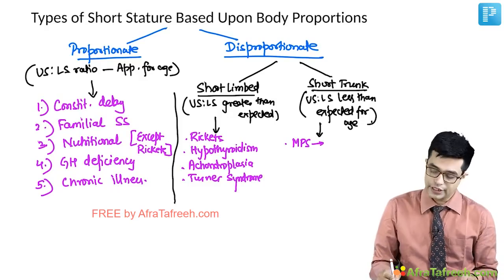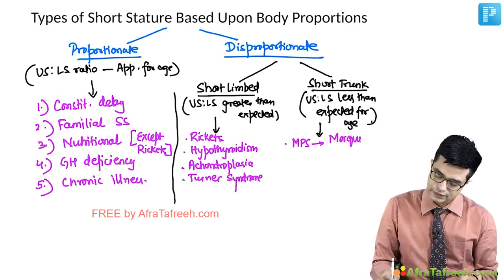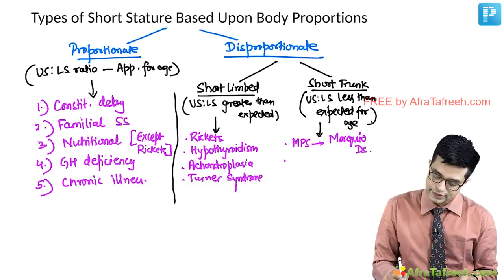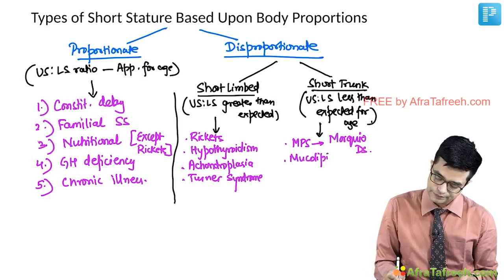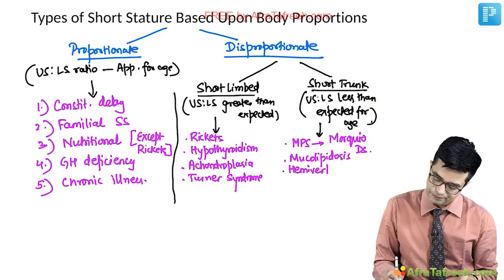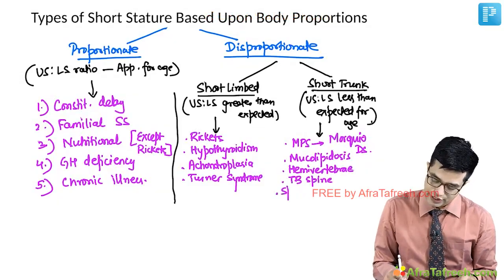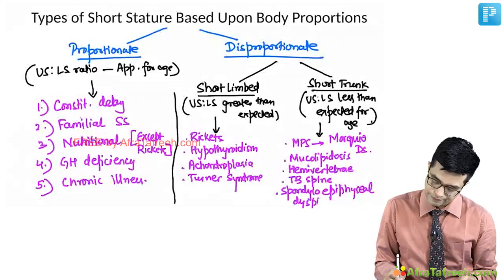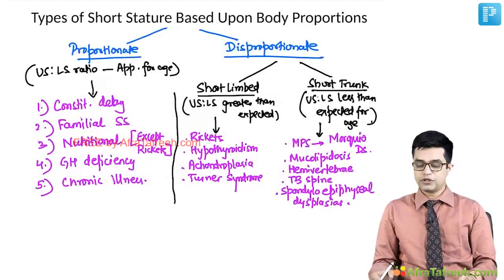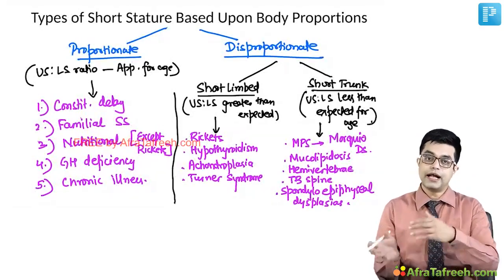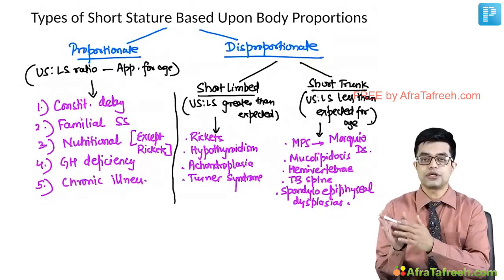There is a type of mucopolysaccharidosis called Morquio disease. It occurs in mucolipidosis, in vertebral anomalies like hemivertebrae, tuberculosis of the spine or Caries spine, and in spondyloepiphyseal dysplasias. So these are the common causes of proportionate versus disproportionate, and among disproportionate, short-limbed versus short trunk, short stature.